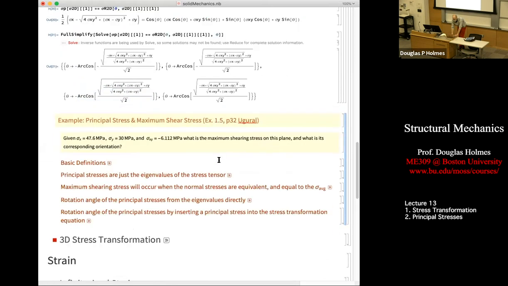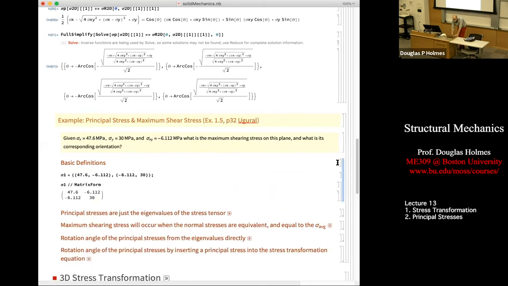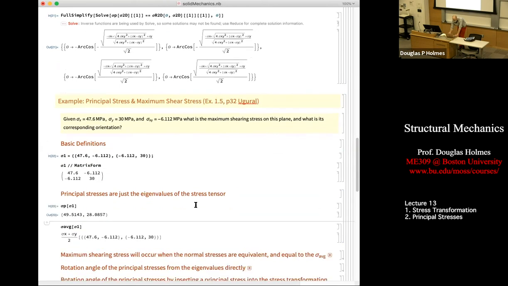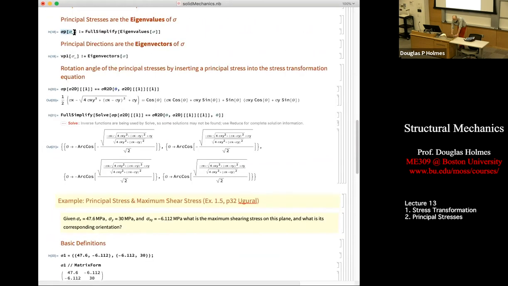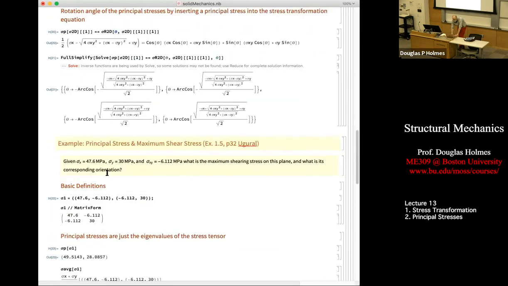However, it's pretty straightforward to take that matrix that we were using earlier and determine its eigenvalues. So here's our matrix that we used earlier. If we run this, here are its eigenvalues. Just take the eigenvalues of our function. Remember, σP is the principal stresses. It's just the eigenvalues of sigma.